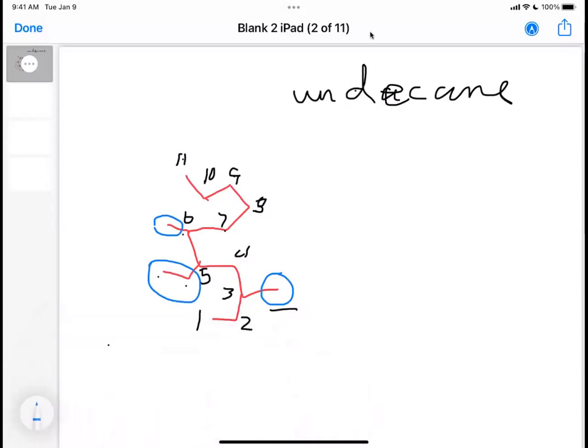Let's just double check, okay? It would be 1, 2, 3, 4, 5, 6. So that'd be on the 6 carbon no matter what. This is going to be on the 3 carbon down here. So I think that's where we're going to start, right? So we have a methyl group on the 3 carbon. So we have a 3 methyl. Okay. We have an ethyl group on the 5 carbon. So we have a 5 ethyl.